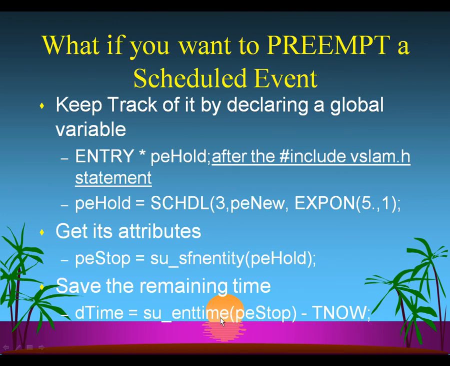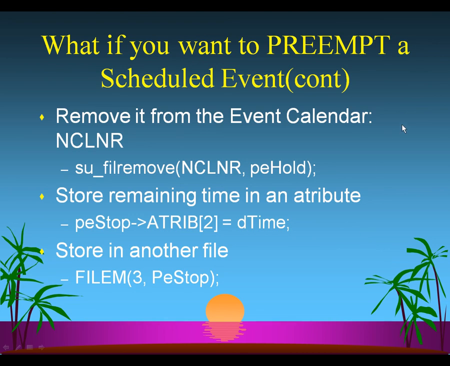In this case, we can access the scheduled time that the entity is to occur and subtract that from tnow, and that'll give us the remaining time until the event is scheduled to occur. So we'll resume this in the next lecture concerned with processing discrete events.